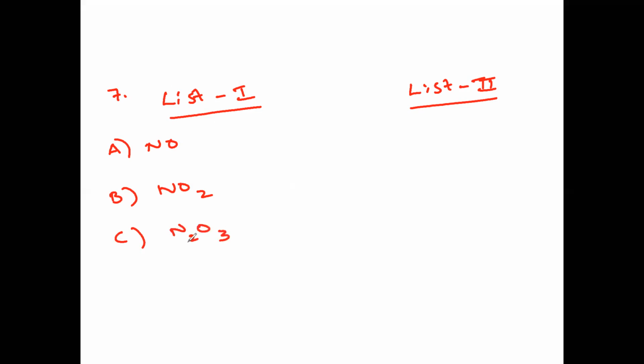From oxides and hydrates we get many questions. In list 2, the first is colorless and paramagnetic. This property is very important, and if you remember it, the question is easier.